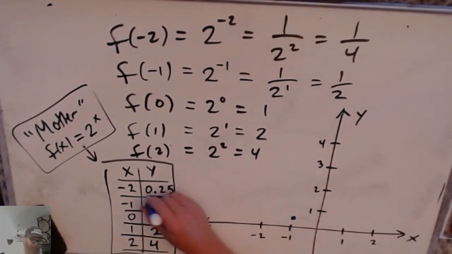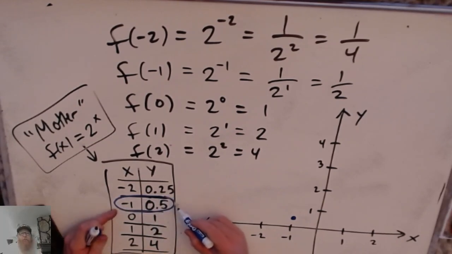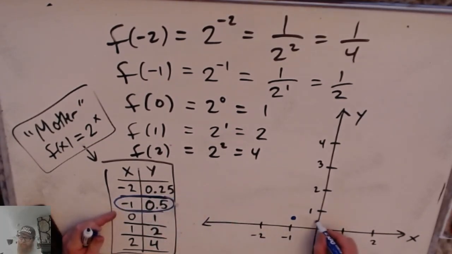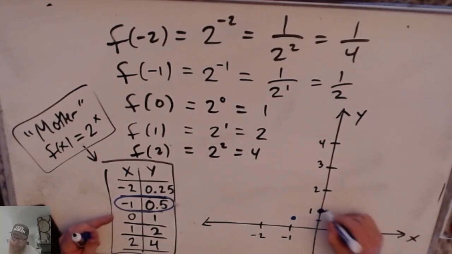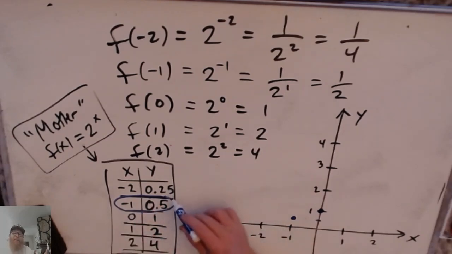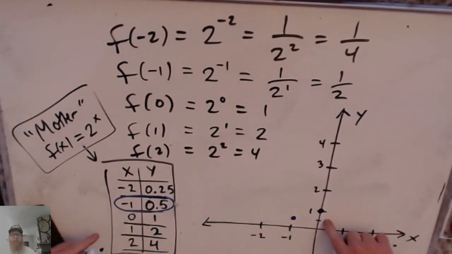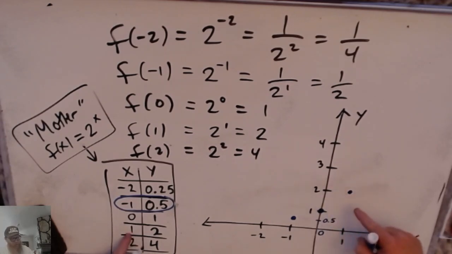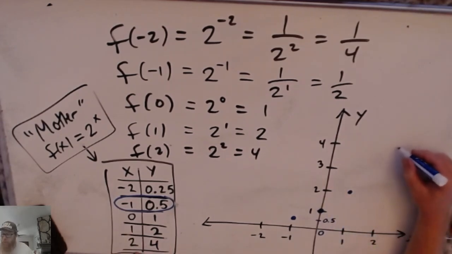So you could just start your graphing here with 0.5. That's about as accurate as it'll probably let you go. I might be wrong. You might be able to click on 0.25, but I've tried to get exactly at a quarter. It's pretty difficult. But you can get it at 0.5. That's right about here, right in the middle between 0 and 1. And then you can definitely plot the whole numbers. You get 1, 2, and 2, 4.